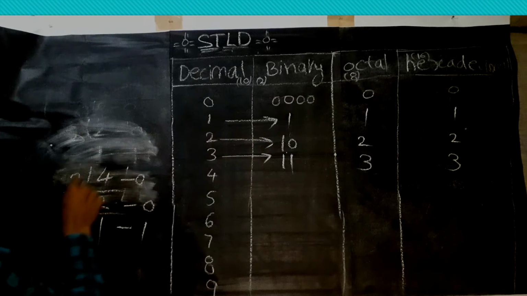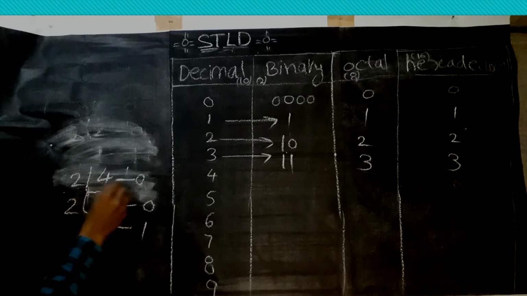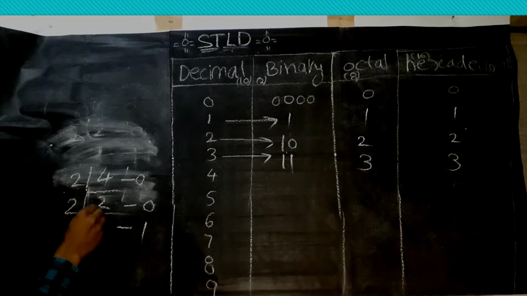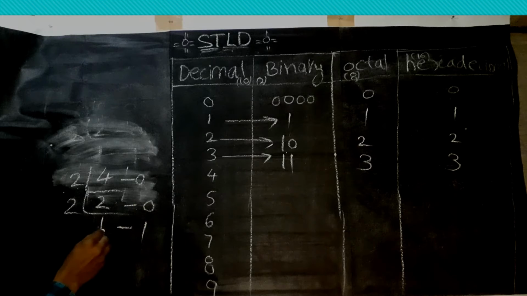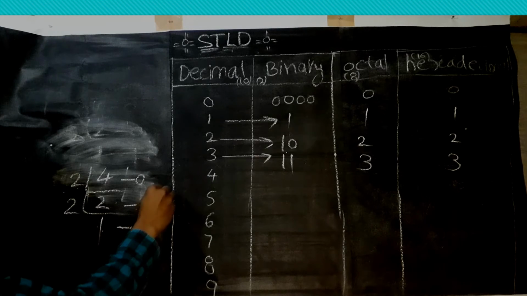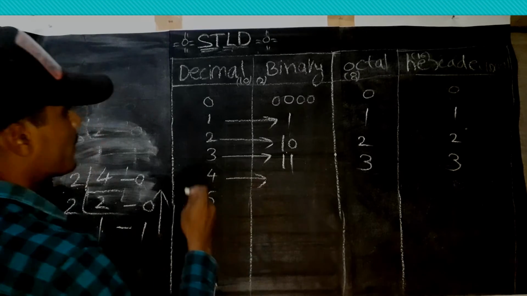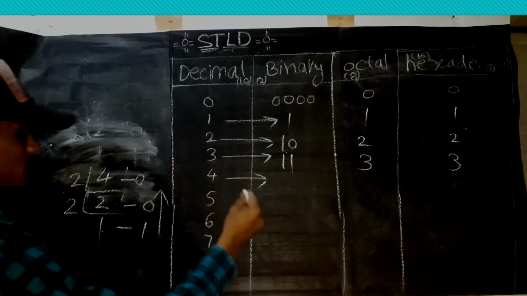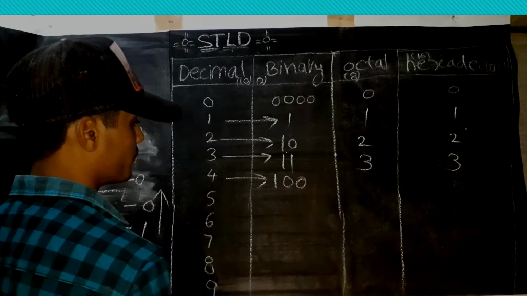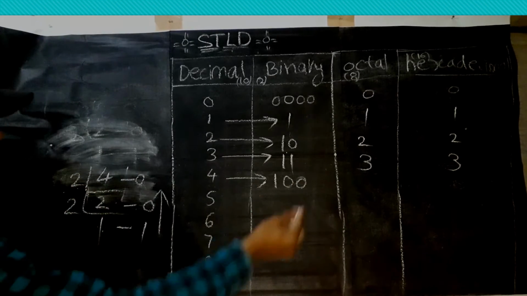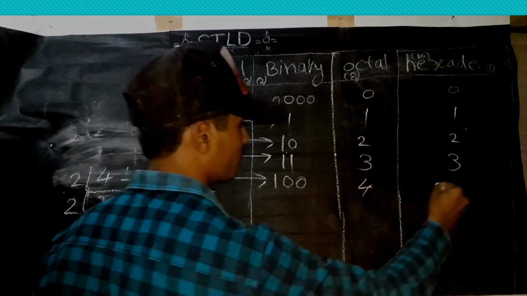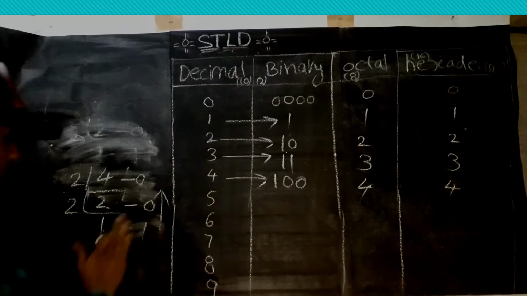We divided with binary number system. 2 2s are 4, the remainder is 0. 2 ones are 2, the remainder is 0. The 1 is remainder. This is the upward direction. Now, the decimal number 4, the binary code is 100. The octal number system, 4 value. Hexadecimal number system, the 4 value.